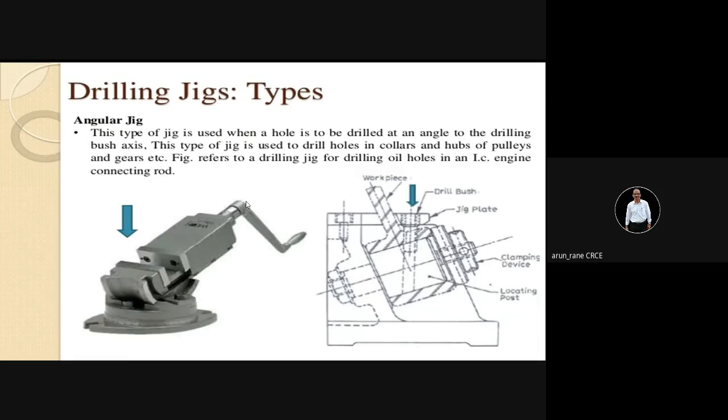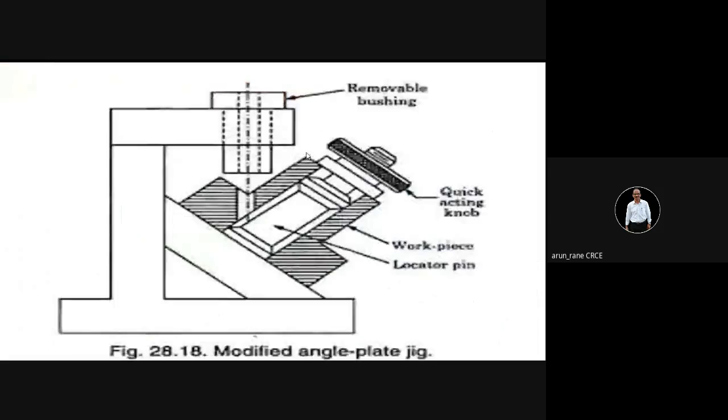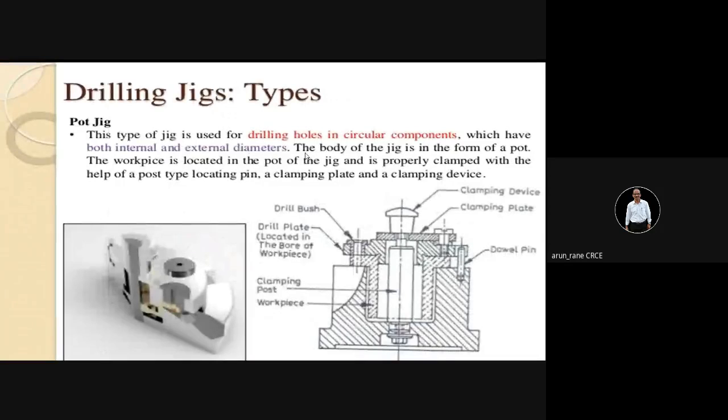If you want to drill a hole at an angle, then you can very well use an angular vise, or you can use a swivel vise. So this angle plate jig also, from the examination point of view, you can skip. If you want to study, you can study this pot jig.